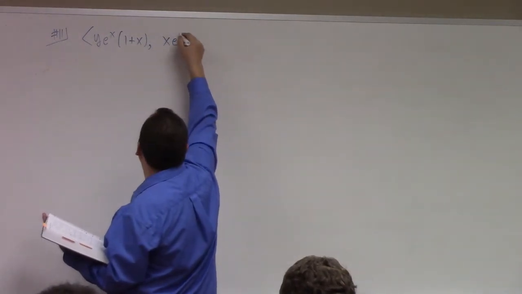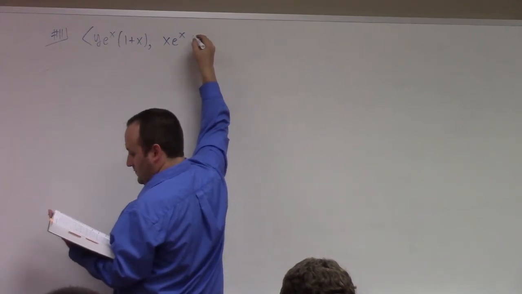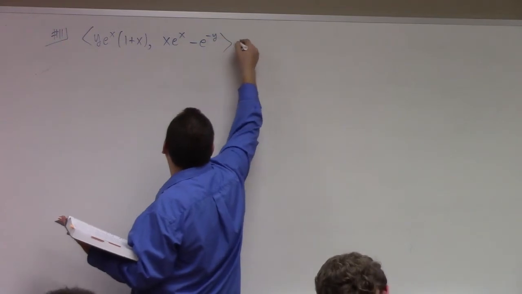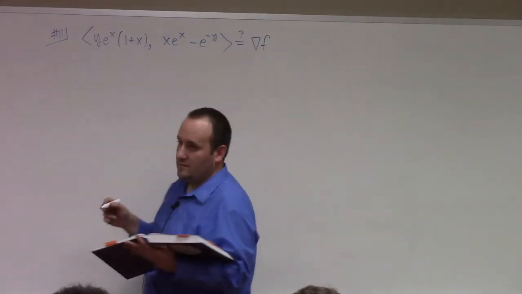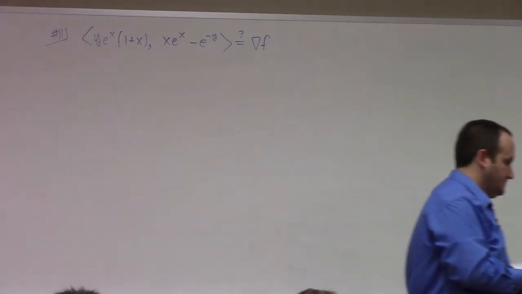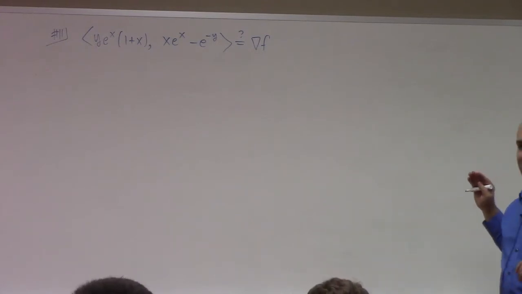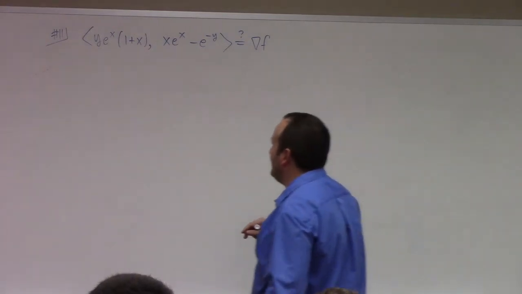X e to the x minus e to the minus y. So the question is, is it possible to write this as the gradient of a function? I'm not even going to check the theorem to see if it's possible. I'm just going to go into it like a bull in a china shop, just see what happens.